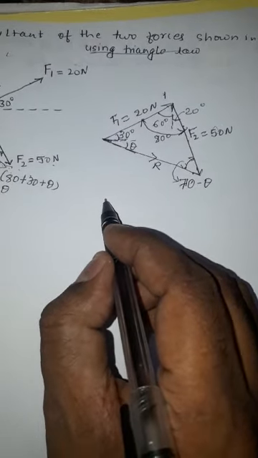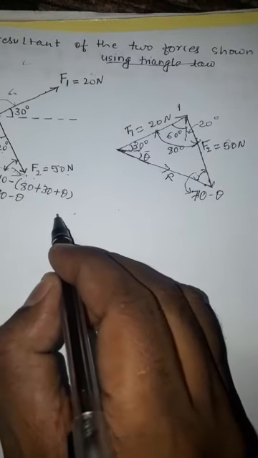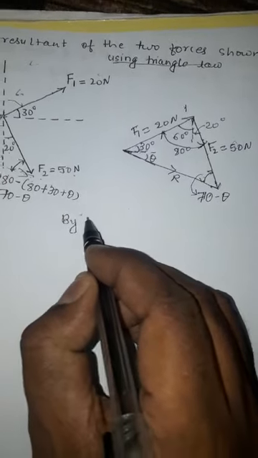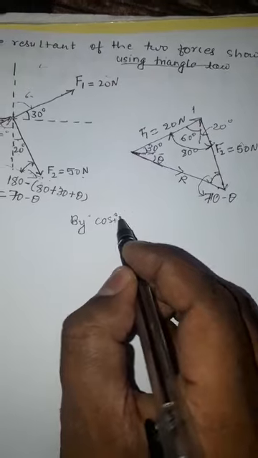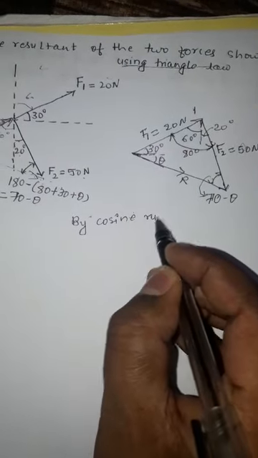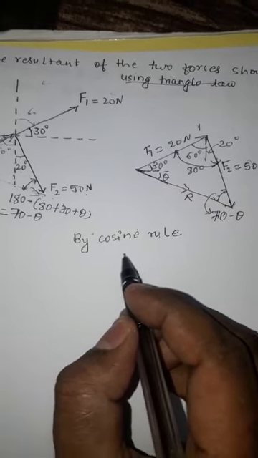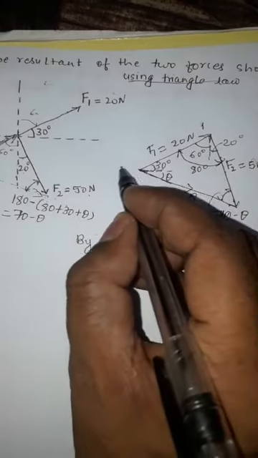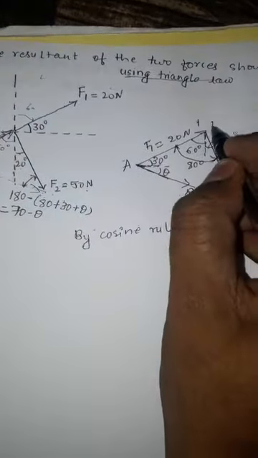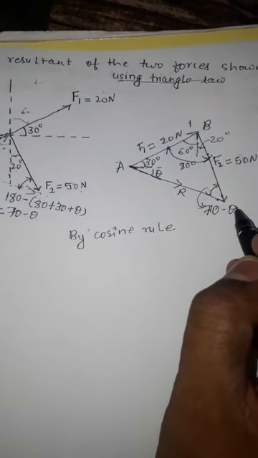Initially I am using the cosine rule, so I am writing here by cosine rule. By cosine rule I am applying cos B. So this is my A, this is my B, and this is my C point.